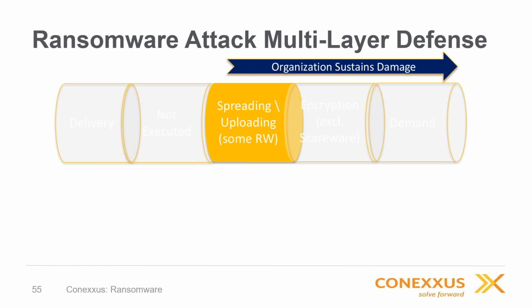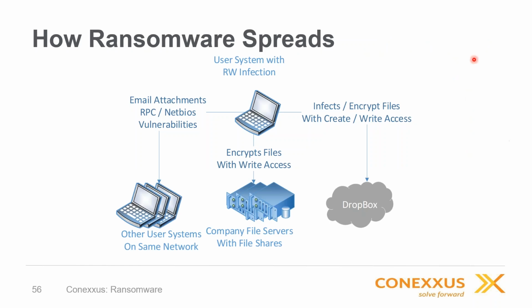During spreading and uploading, we do need to understand a little bit about how this works, so we'll take a look at a slide here that shows that a system initially infected with ransomware can use, as we've talked about with WannaCry and NotPetya, remote procedure calls or other low-level NetBIOS calls in the networks to spread to other systems.